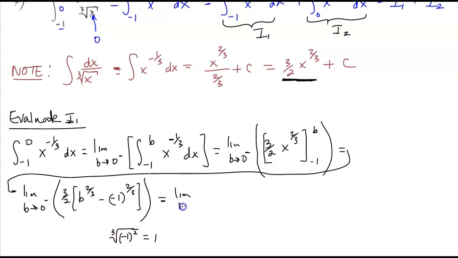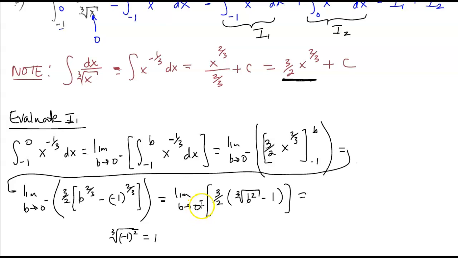So all this is going to be limit as b approaches 0 from the left, 3/2 of, say, cube root of b squared here, minus 1.